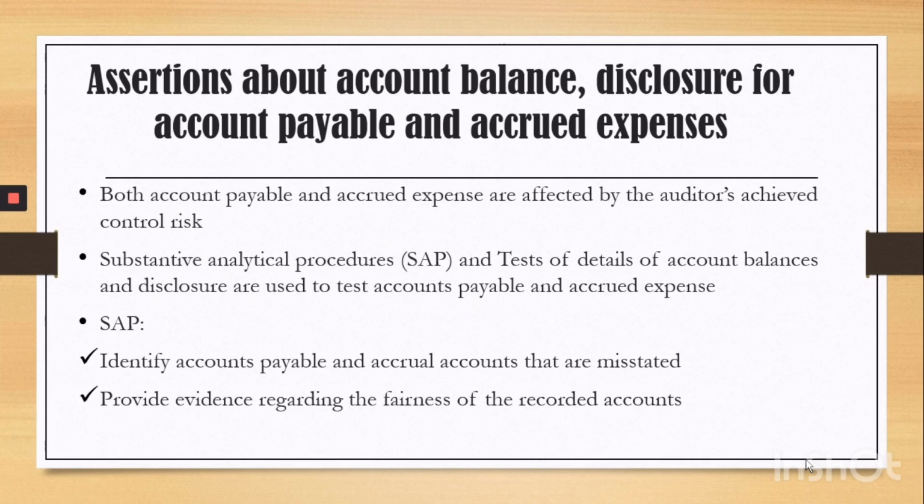Therefore, substantive analytical procedures and tests of details of account balance and disclosure are the two tests that are used to test the accounts payable and accrued expenses. Substantive analytical procedures can identify the accounts payable and accrued accounts that are misstated, and also can provide evidence with regard to the fairness of the recorded account.